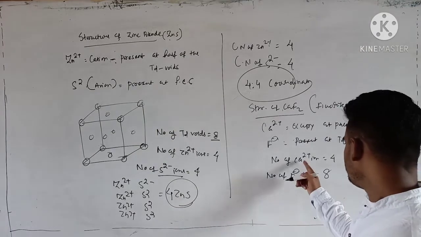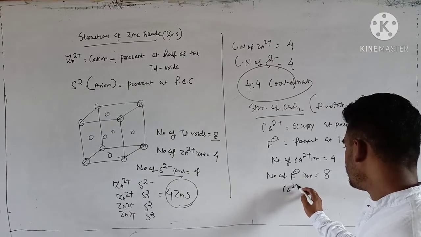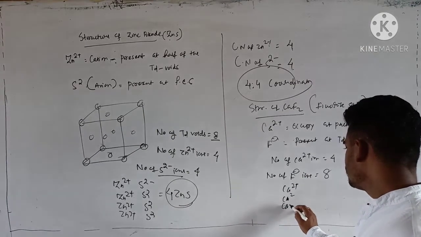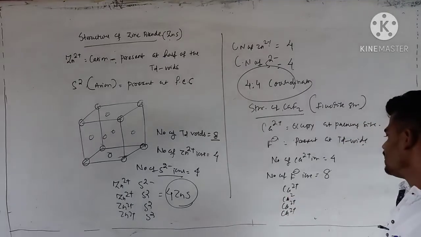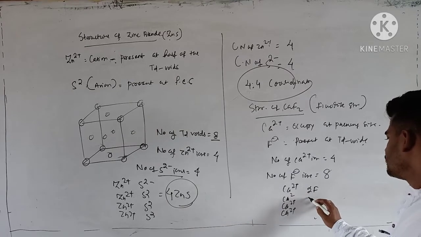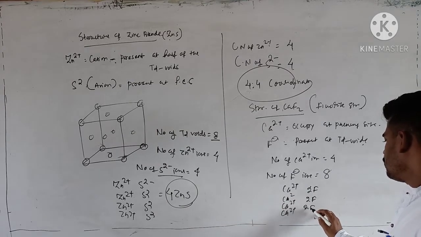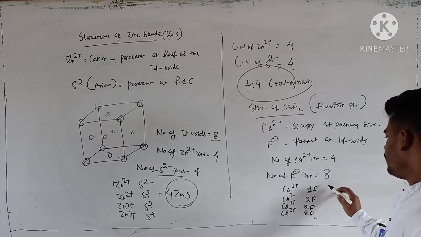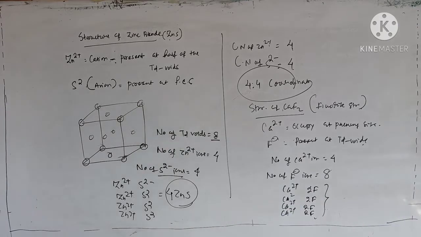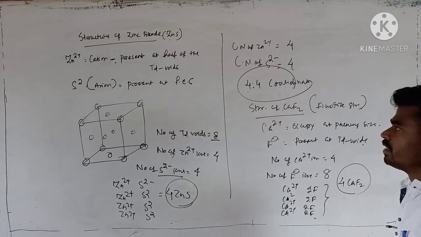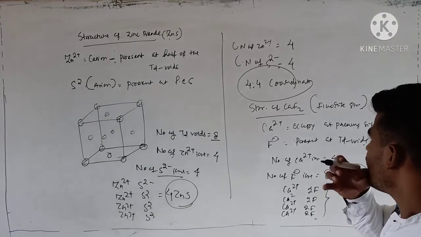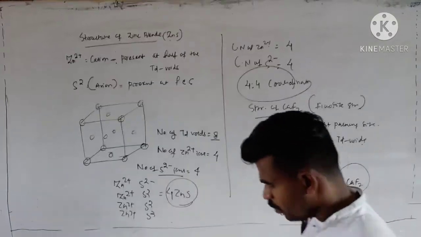So how many formula units? 4 Ca2+, and each Ca2+ requires 2 fluorides. So there will be 4 CaF2 units. Okay, so this is about the fluorite structure.